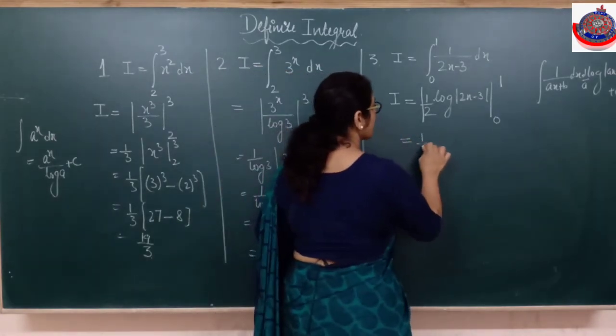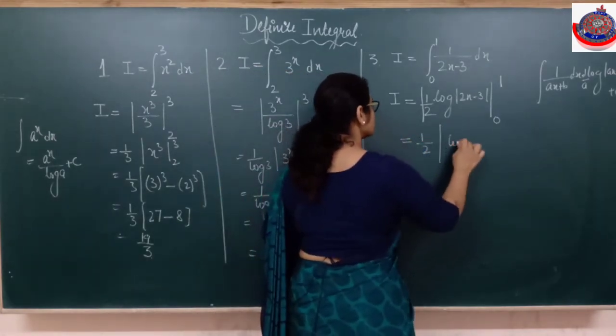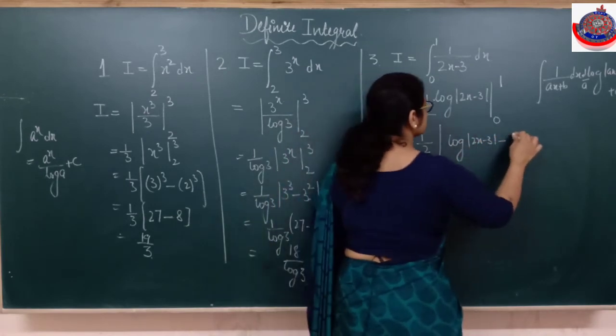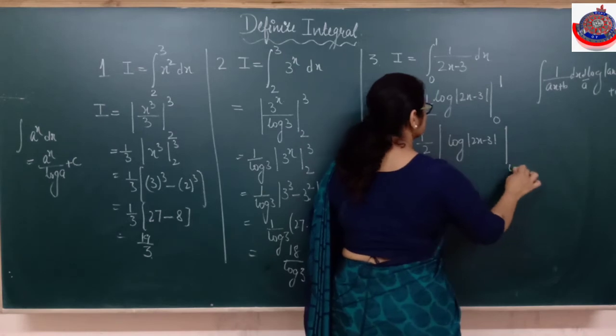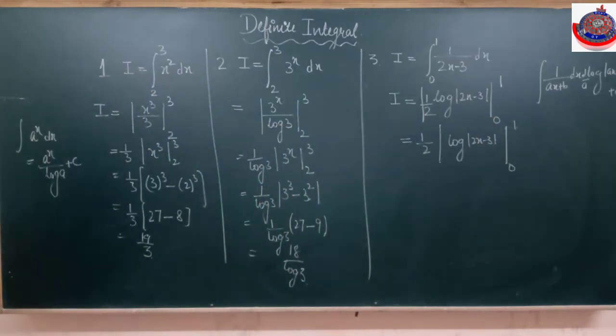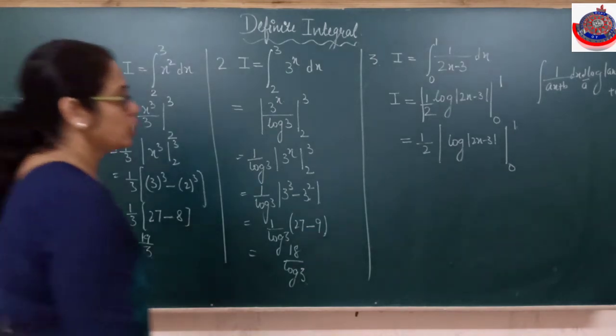Now 1 by 2 we can take out. Limits 0 to 1, log of 2x minus 3. What do we do now? We substitute the upper limit minus lower limit.